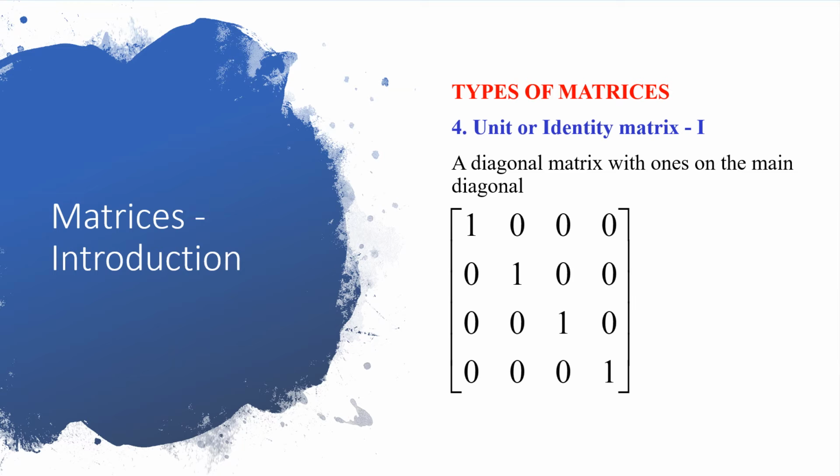This first example is a 4 by 4 identity matrix. Notice that it is a square matrix with ones along the diagonal and zeros everywhere else. This next example is also an identity matrix, still a square matrix with ones along the diagonal and zeros everywhere else.